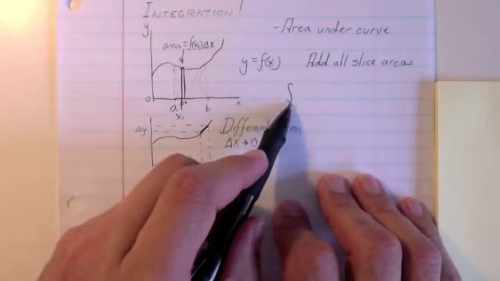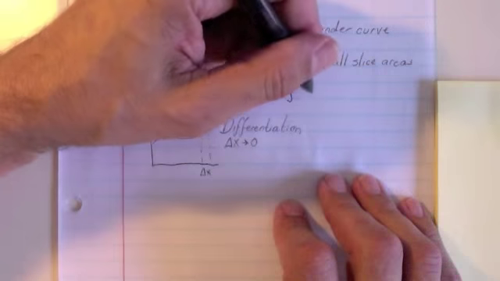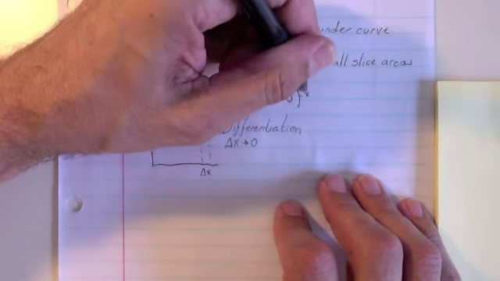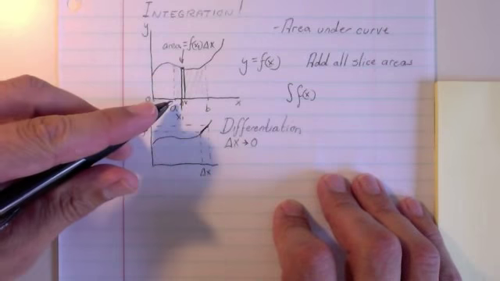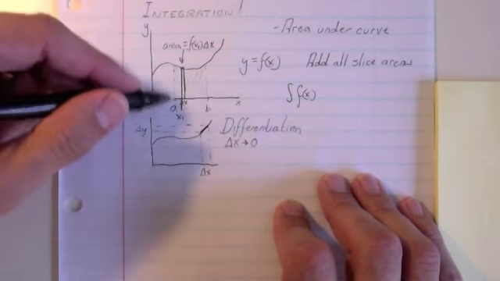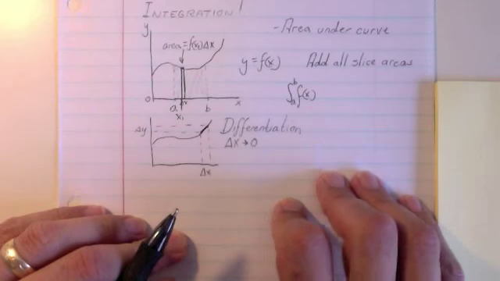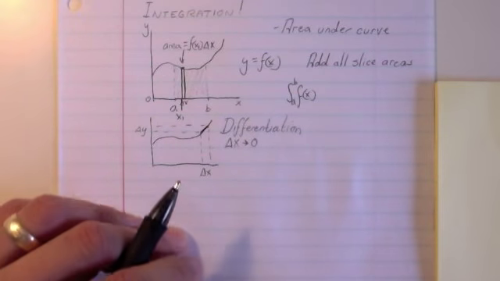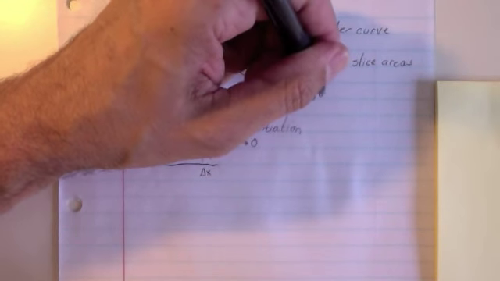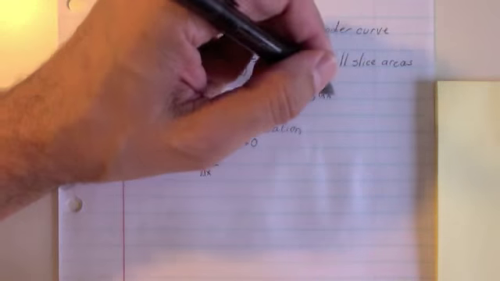But the integral of f of x, and we say from A to B. We want to find the area between those 2 points, from A to B. And we also write the integral of f of x with respect to dx.